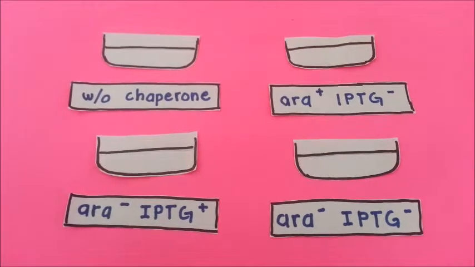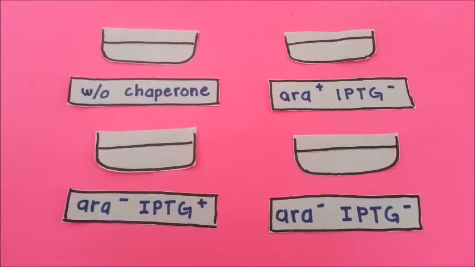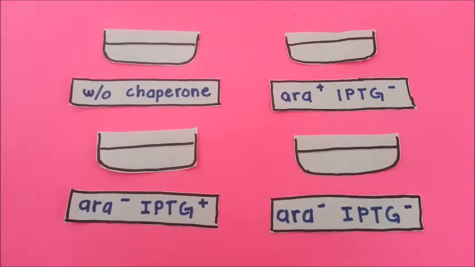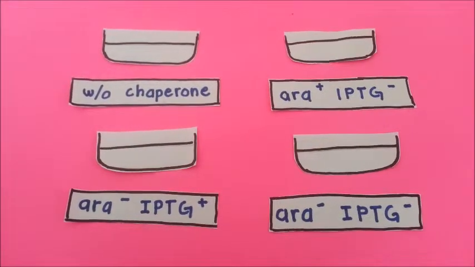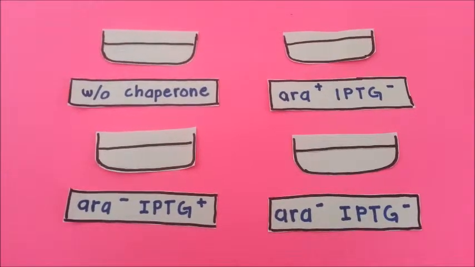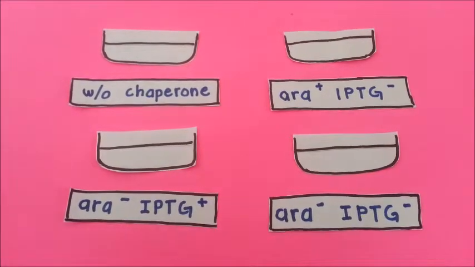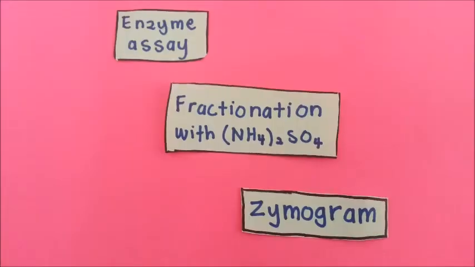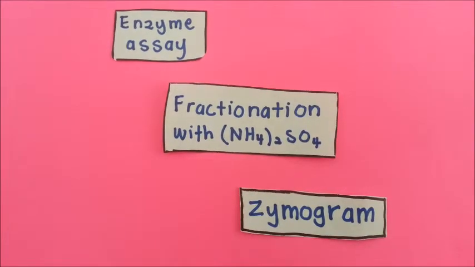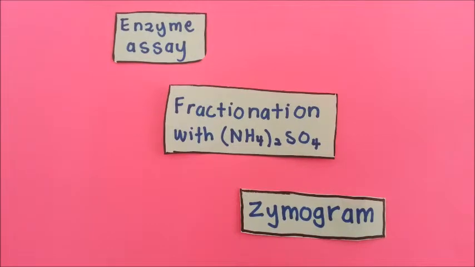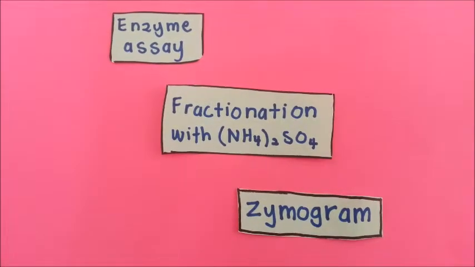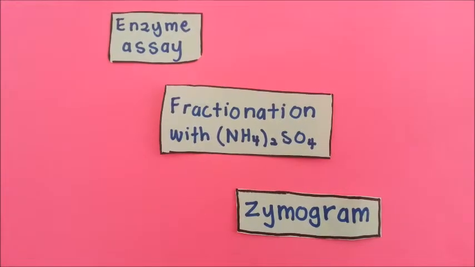There are 4 controls included in the experiment, which are expression strain without chaperone, one with induction of construct PET PHYA in the absence of arabinose, one with chaperone induction in the absence of IPTG, and an uninduced control in the absence of both arabinose and IPTG. After that, several analyses were done, and as a result, we know that cytosolic solubility of fungal phytase in E. coli can be improved by co-expression of chaperone. It can also be concluded that the C-terminal histidine tag may interrupt protein folding, leading to the formation of inclusion bodies.